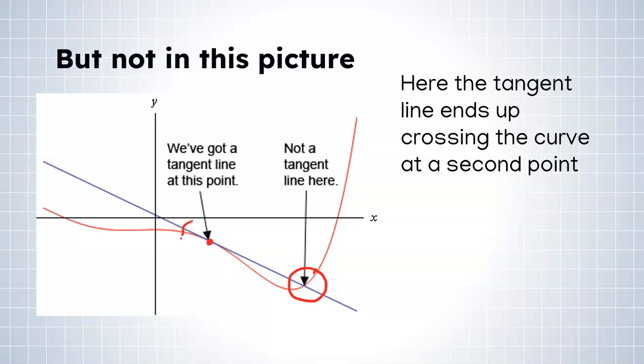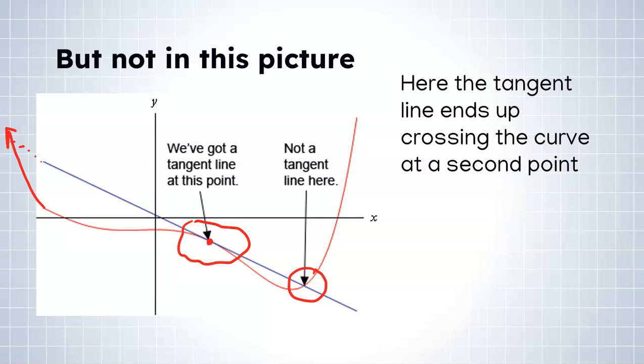In this general vicinity, yes, we touch the curve at one point. But if we zoom out and look at the entire function, we cross more. And if this end of the curve continues to go up, we are going to cross a second or a third time, actually. So I don't know if that definition really works either.